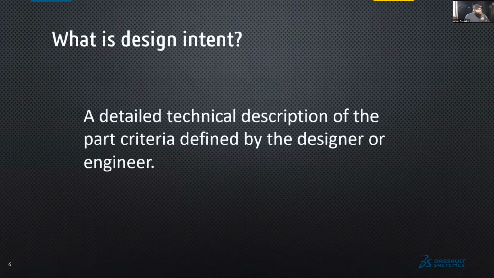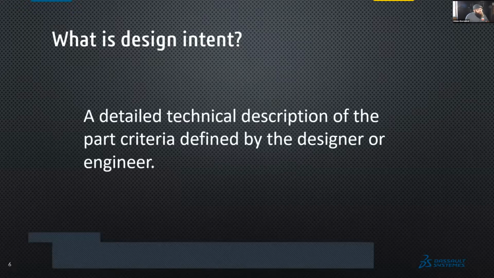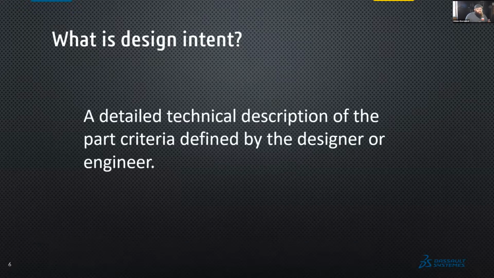The Merriam-Webster's dictionary definition is the technical description of the part criteria defined by the designer or the engineer. Sometimes that could be in conflict with what can actually physically be made. Now there are some new technologies out there, such as 3D printing or wire EDMs, that can make these more complicated parts more easily manufacturable. But sometimes we have to change our designs to meet those manufacturability concerns.